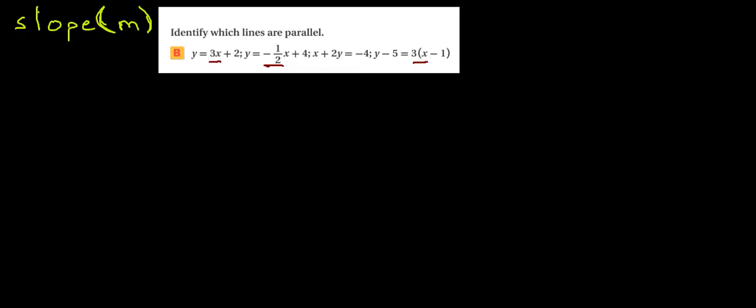And let's go and solve for that one. So let's look at x plus 2y equals negative 4.